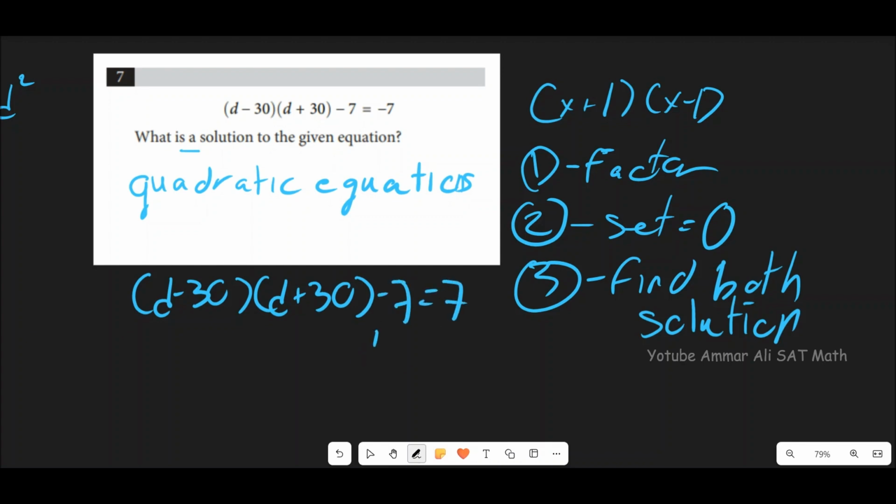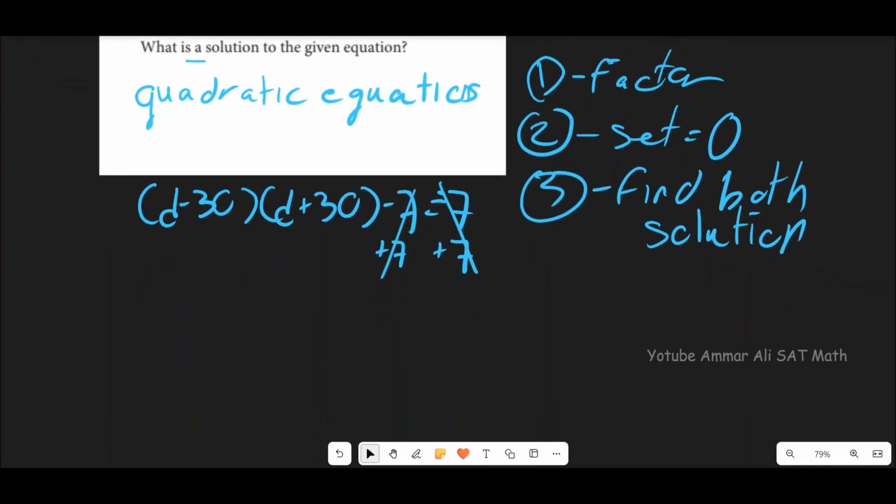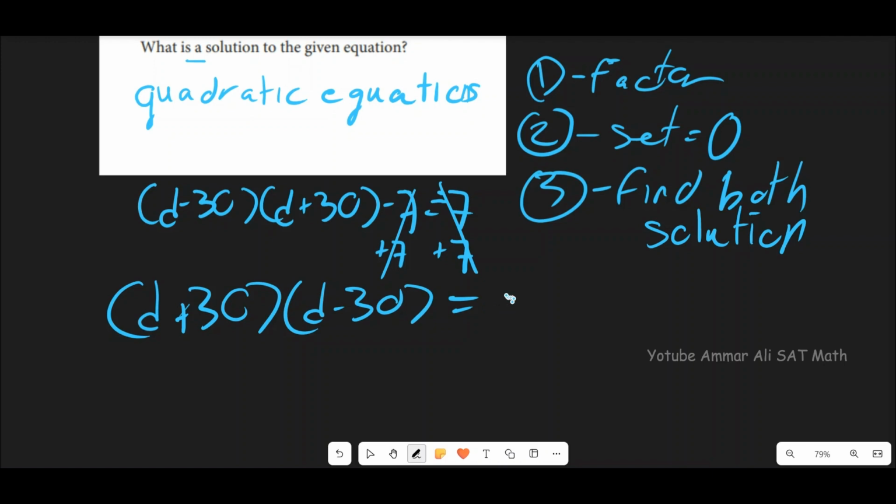Now we just need to add 7 on both sides, and the minus 7 cancels out, and then this 7 cancels out. So we will then have d plus 30 and d minus 30, order doesn't really matter, equal to 0.